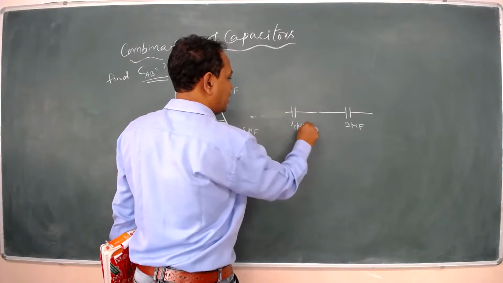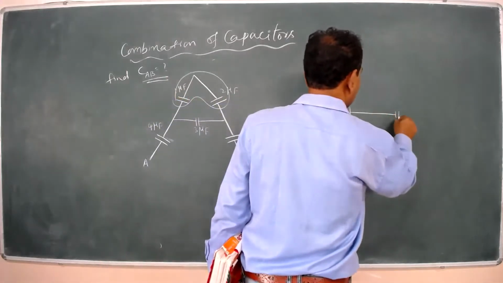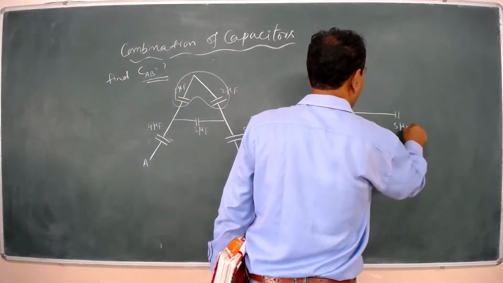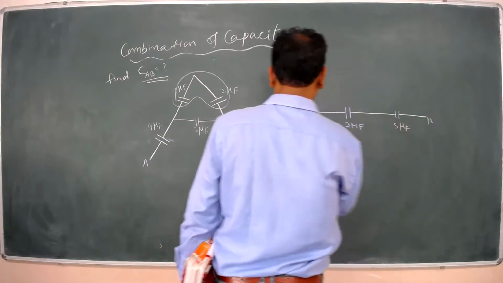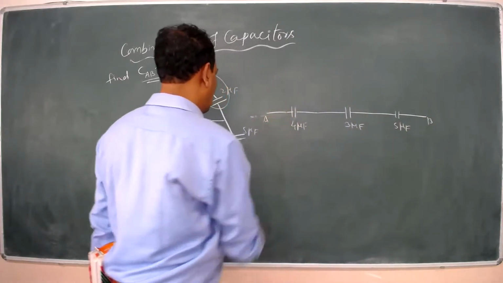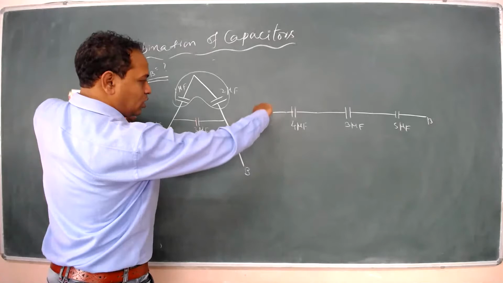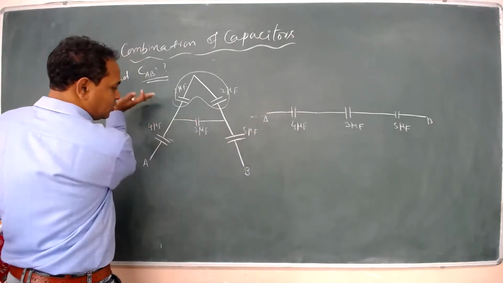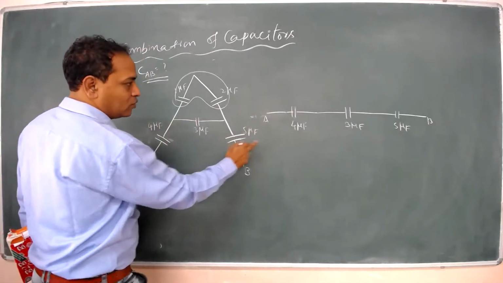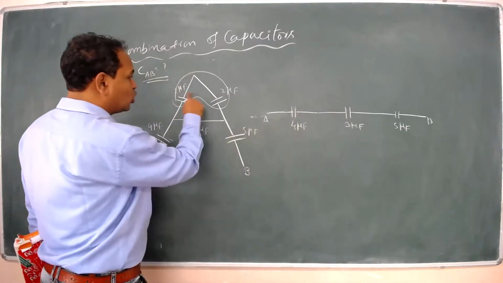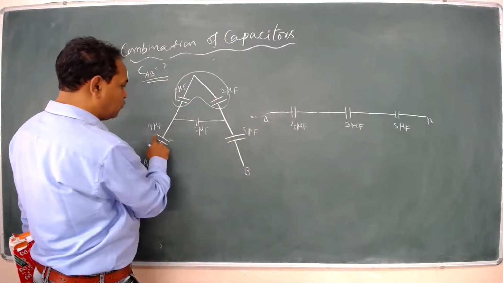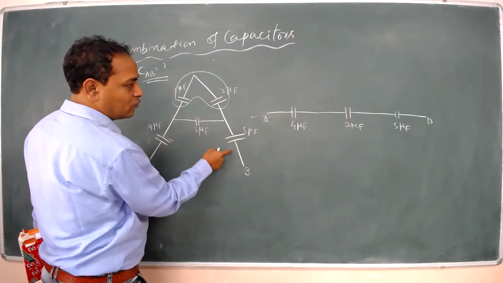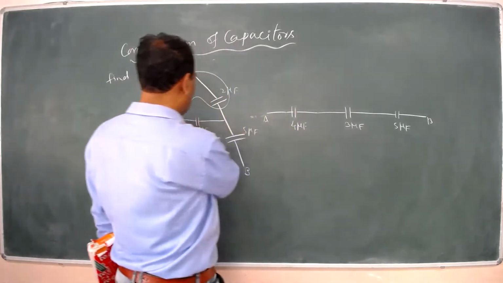This is 4 microfarad, this side it is 5 microfarad. I have just bent this one to that side and this one to this side. So 4, 3, 5. And these two capacitors are in between 4 and 3, and between 3 and 5.